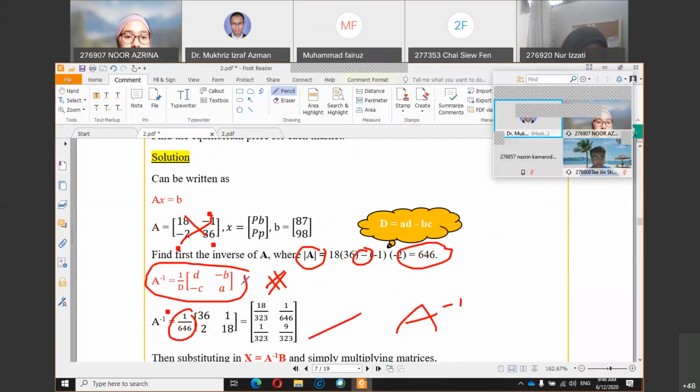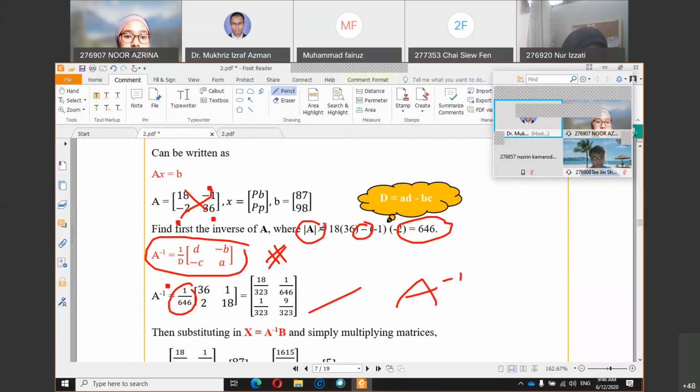So to solve for A inverse, first you need to find the determinant, which is the product of the cross multiplication. You multiply the two values to subtract: A multiplied by D minus B multiplied by C. So you get 646, and then you plug in. This is only for a 2 by 2 matrix.